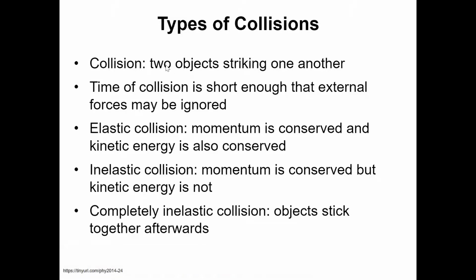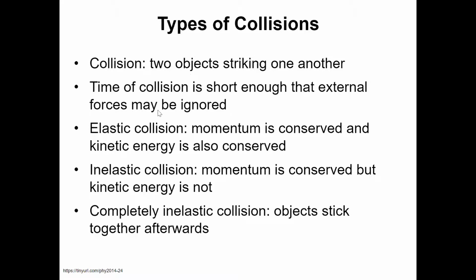A collision is defined as two objects striking one another, or sometimes more than two objects involved in a collision. Unless otherwise specified, we will consider the time of collision to be short enough that external forces can be ignored.